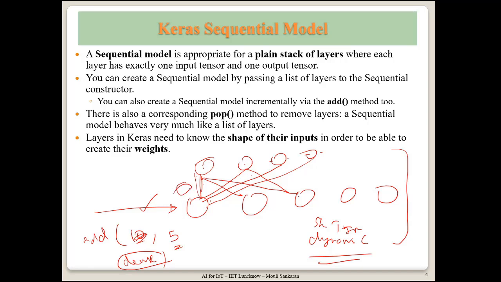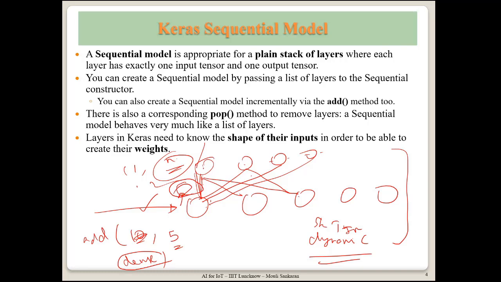When you create a model layer by layer, it still doesn't know what type of input is expected, whether it is a one-dimensional array, a two-dimensional array, or an n-dimensional input. It doesn't know. Based on the input, it may have to create the weights, because it has to do arithmetic with the weights and the input.